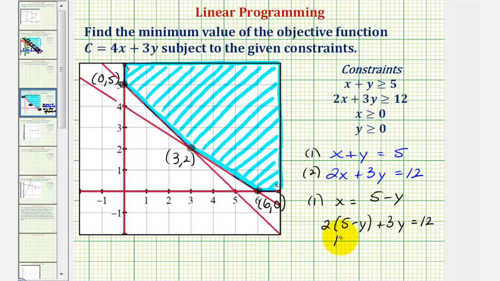So we have 10 - 2y + 3y = 12. Combining like terms, that would be y. Subtracting 10 on both sides, we'd have y = 2. Notice how this is the y coordinate, and then to find x, since x = 5 - y, 5 - 2 would give us 3.